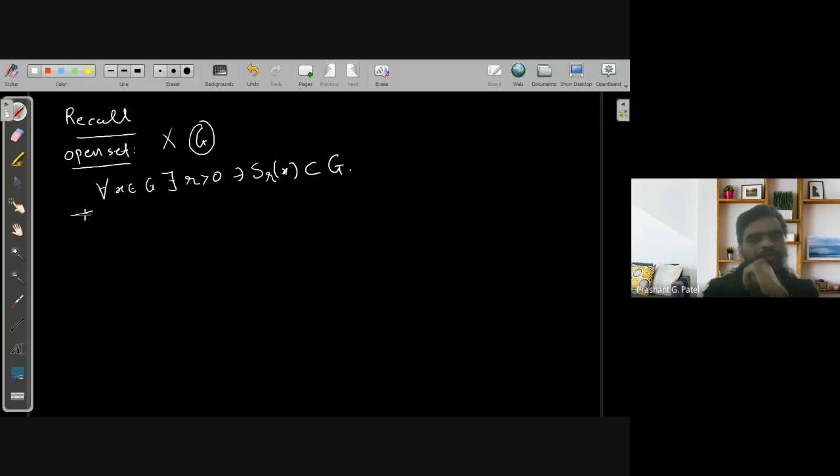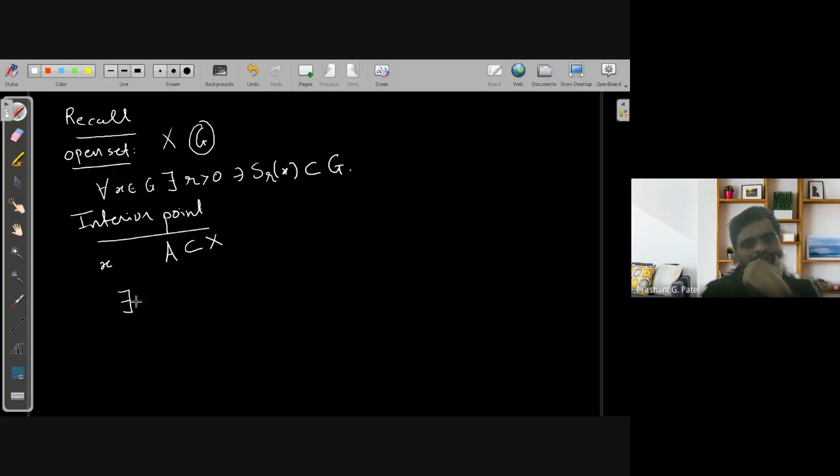Then we have defined the interior of a set, or interior point. First of all, we have defined, when I can say that x is an interior point of a set A, which is a subset of a metric space X, it has the same condition.